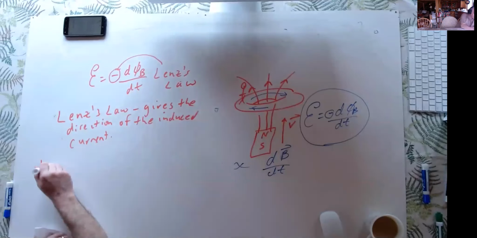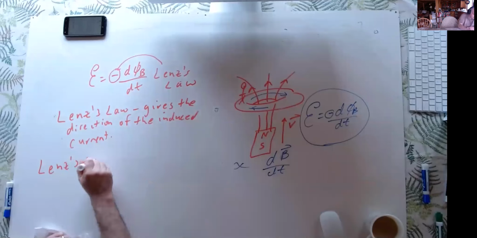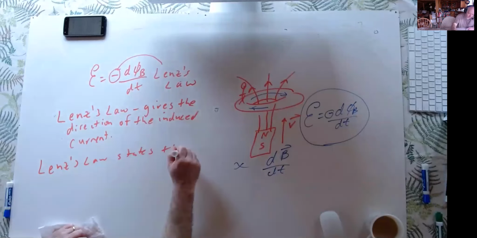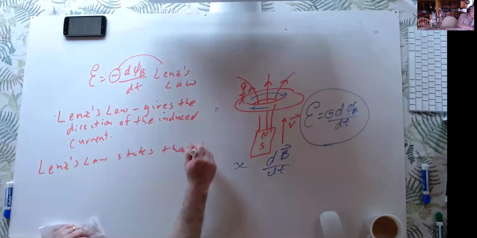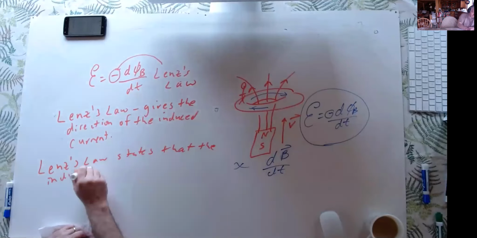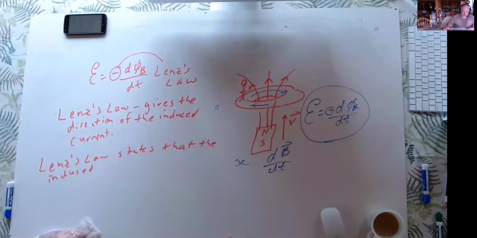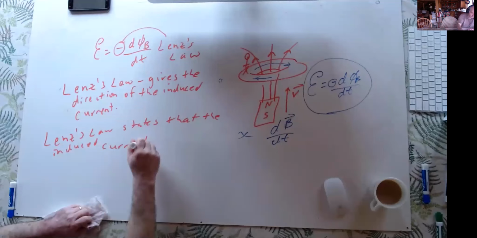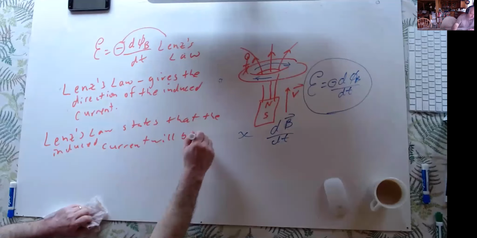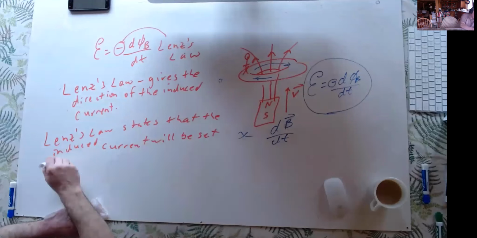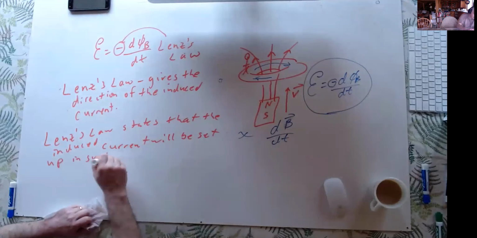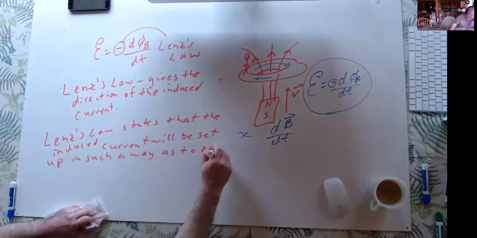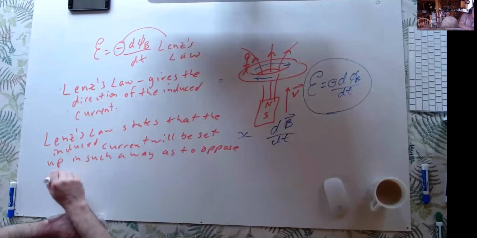So Lenz's law states that the induced current will be set up in such a way as to oppose the change.